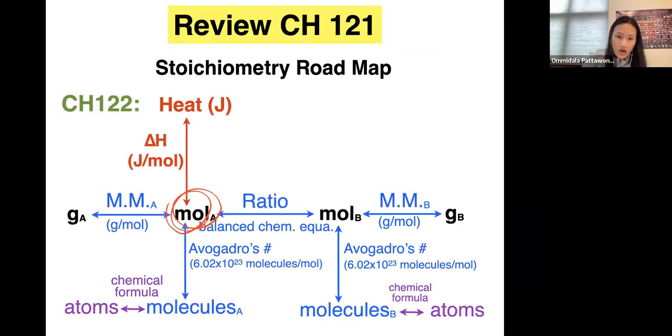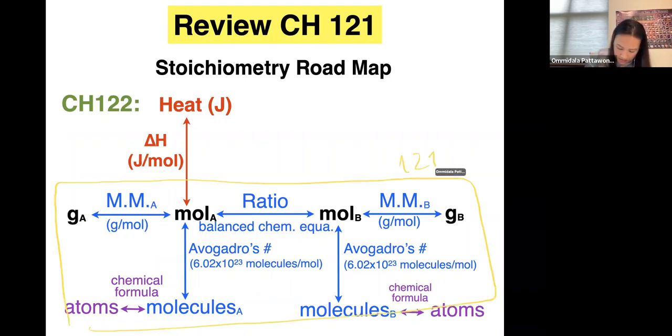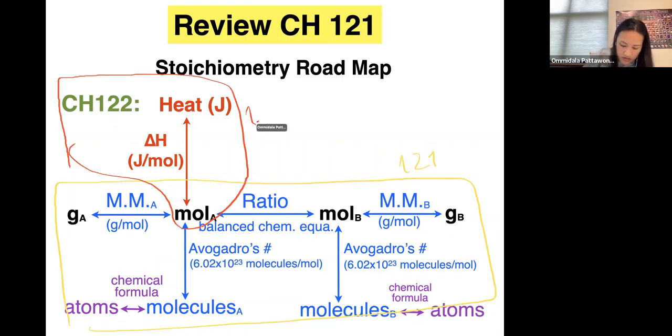This part right here is what we learned from 121, and in 122 this is the part that we add to it. We use mole to convert to joule using the balanced chemical equation.